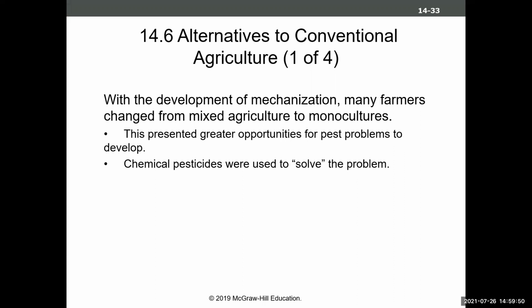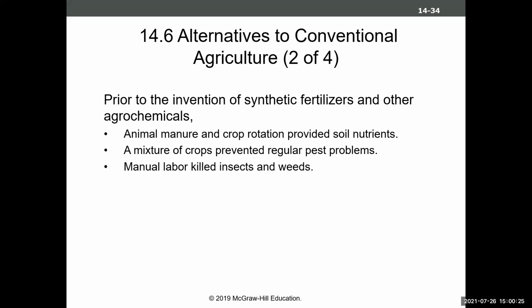And this, like I mentioned earlier, allows for those pest problems to develop. Because you're growing one crop, that pest can basically devour that crop. Usually, when you have a mixed agriculture, some plants will house predators of pests on other plants, and you can use the biological food web to serve as your pest controlling mechanism. In order to get around that, chemical pesticides basically solve the problem. But as we know, there are significant issues that come with the use of those chemical pesticides.